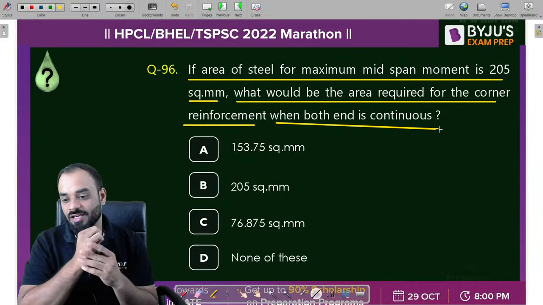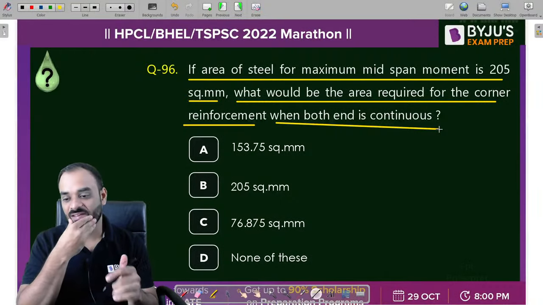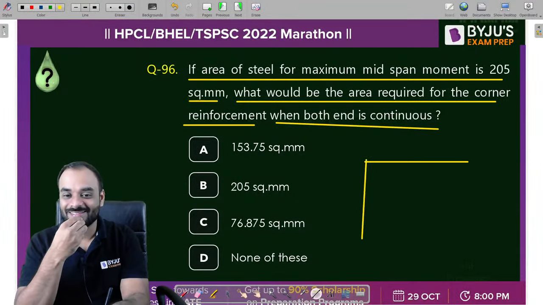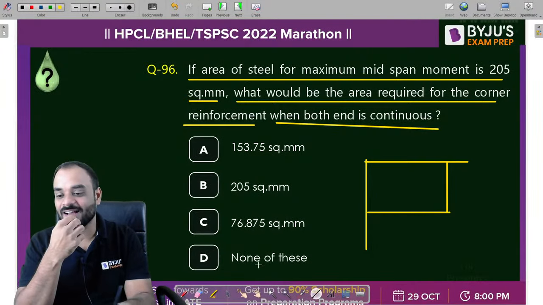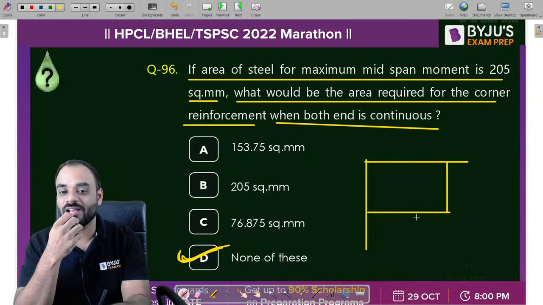Both ends are continuous in this case. D is the correct answer. It should be none of these. Why? Because the value is 0.